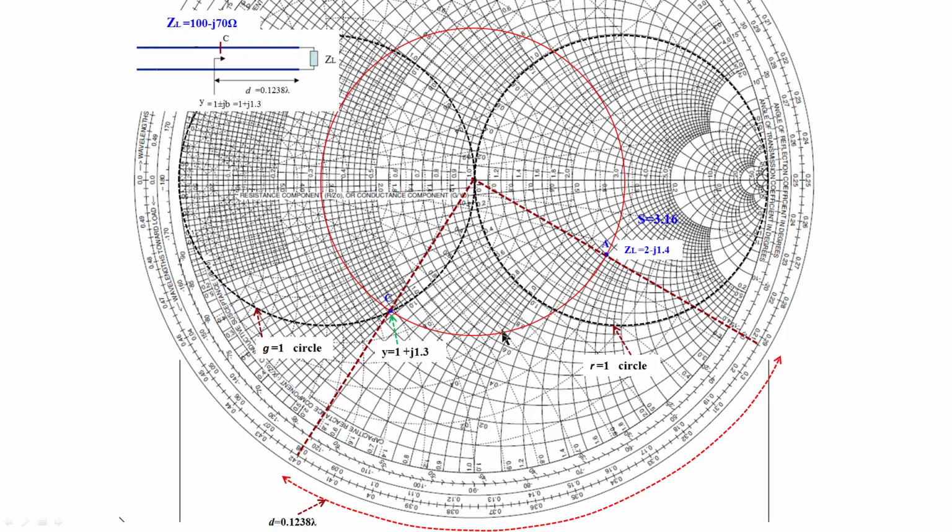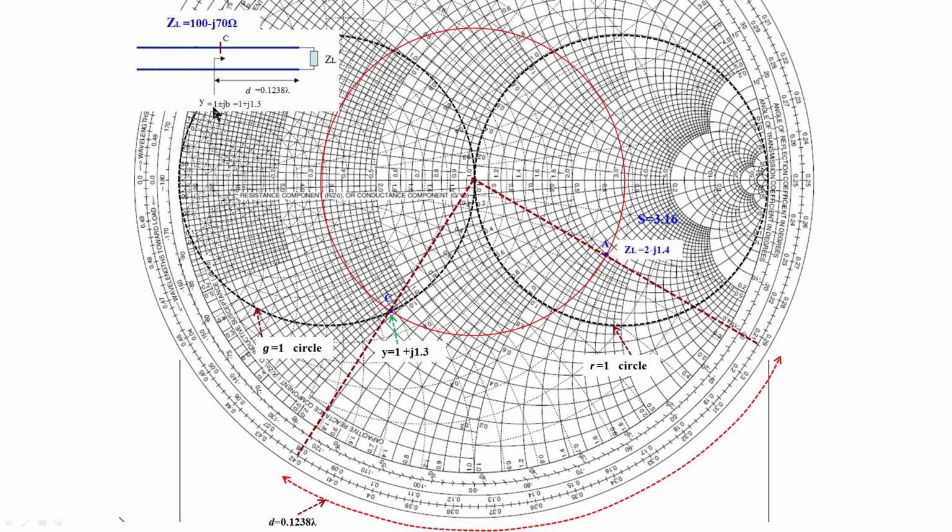Whenever this VSWR circle cuts the G equal to 1 circle, you stop here. What is this 1?